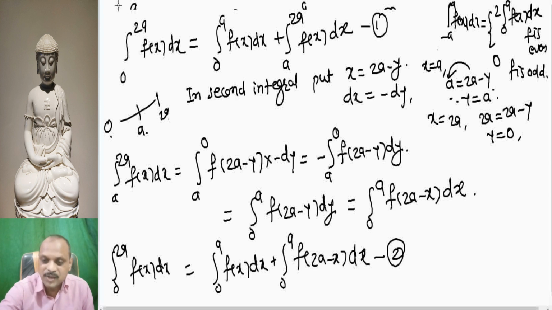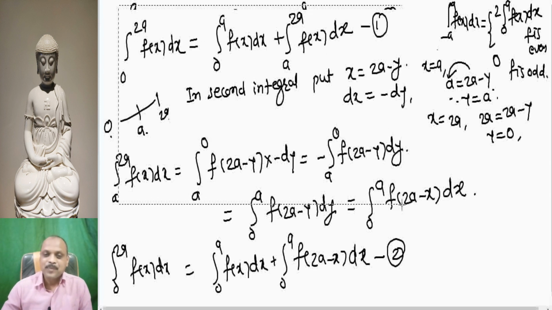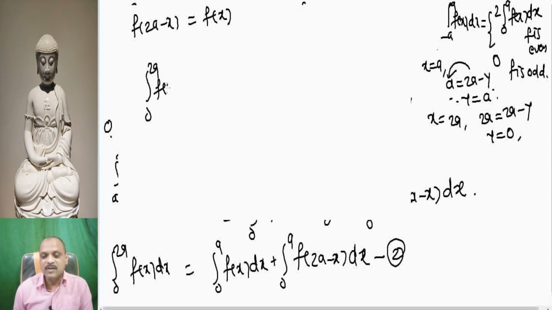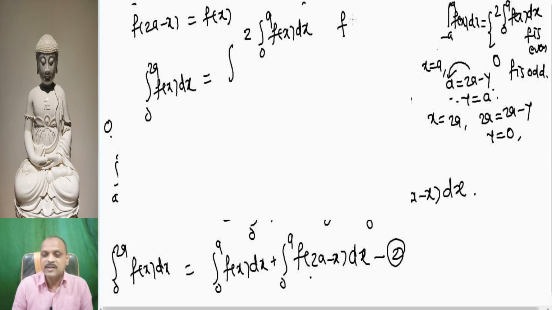Now here you can see that when f of 2a minus x equals f of x, then integration 0 to 2a f of x dx will be 2 times integration 0 to a f of x dx. This is for f of 2a minus x equal to f of x.